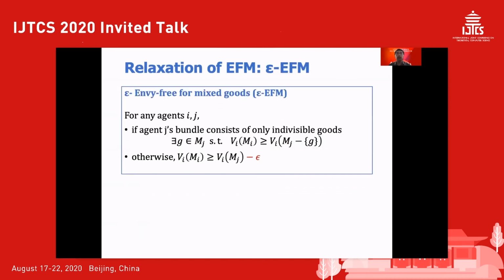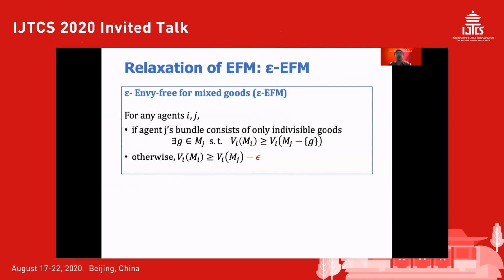Finally, we spend a little bit of time to talk about approximations. Since we don't know how to find a bounded EFM protocol in the Robertson-Webb model, we ask what can we do in the Robertson-Webb model? It turns out that we can find an approximate version of this EFM allocation quite efficiently.